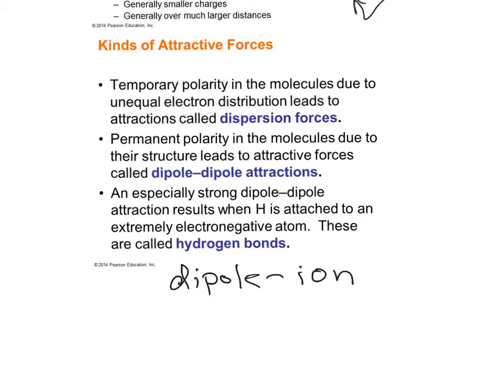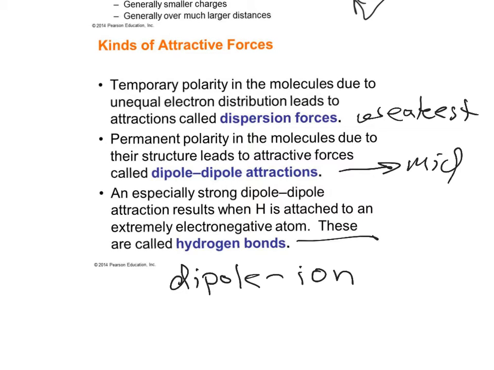It turns out dispersion forces are the weakest. Then comes dipole-dipole, so that's kind of mid. Then comes hydrogen bonds, and ion-dipole are the strongest of these.